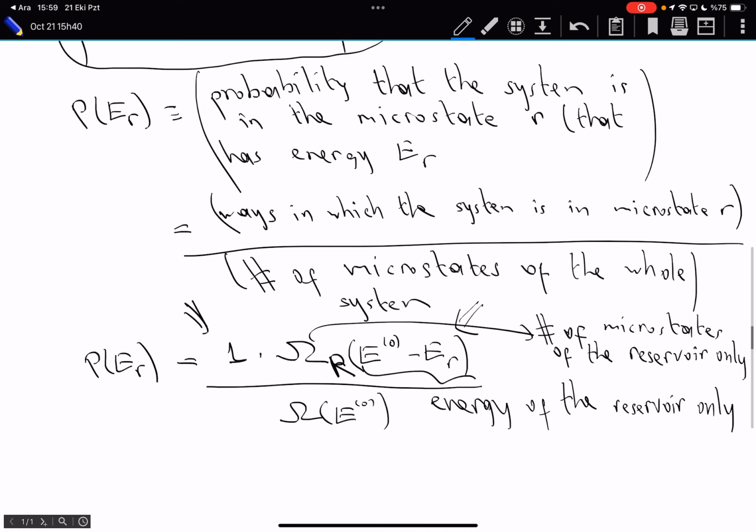So do we want 1 minus this number? Why should I want 1 minus this number? Because this gives us the argument of the function.